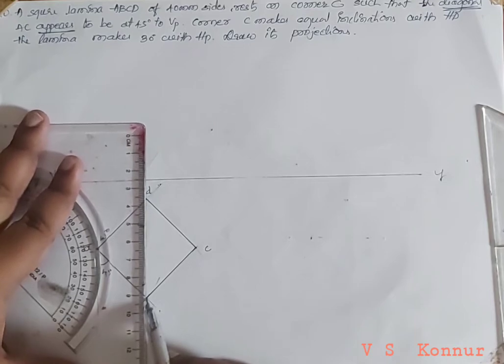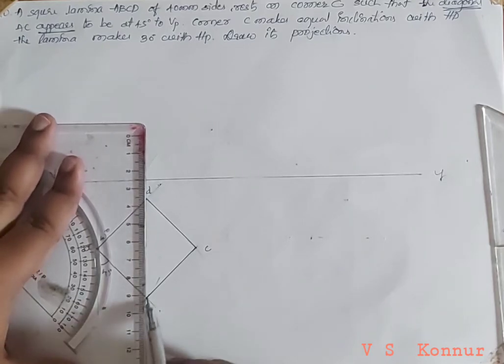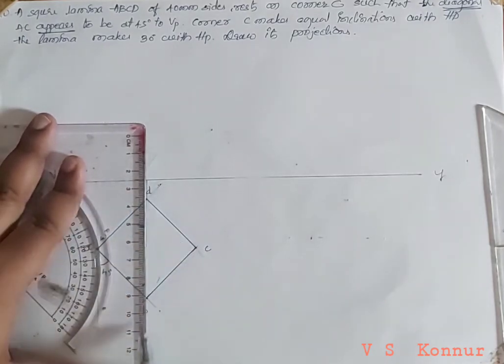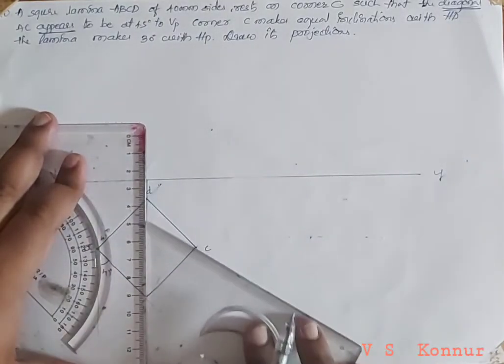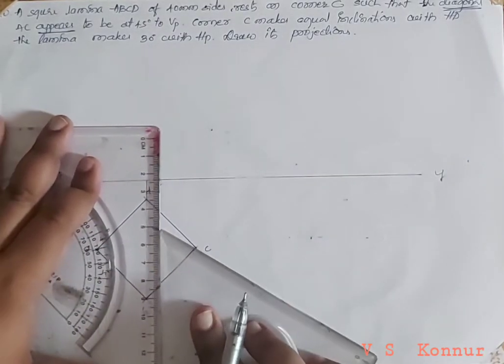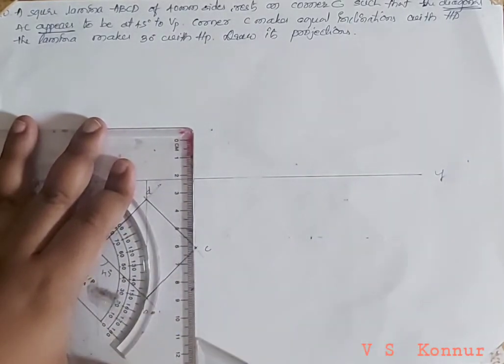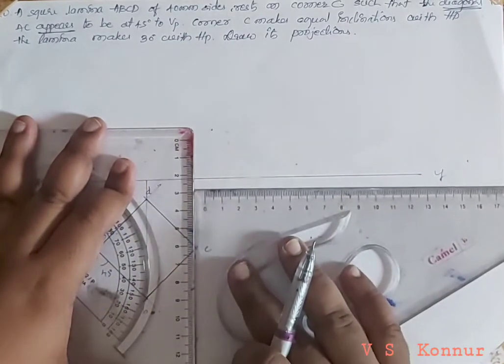So B and D are passing through one point. So we'll take B and D passing at one point, and parallel to this we should construct for C also.